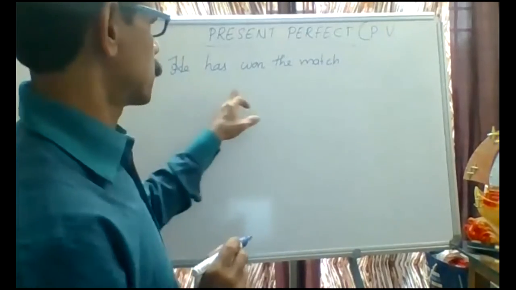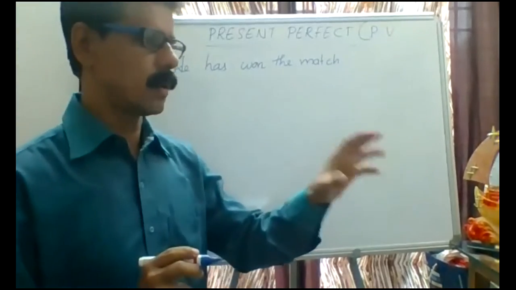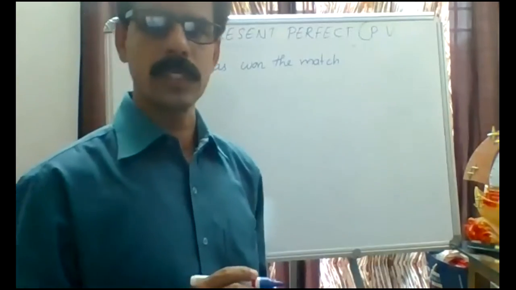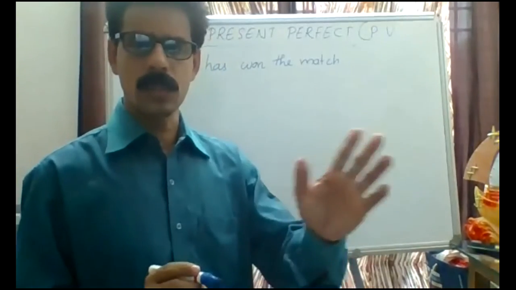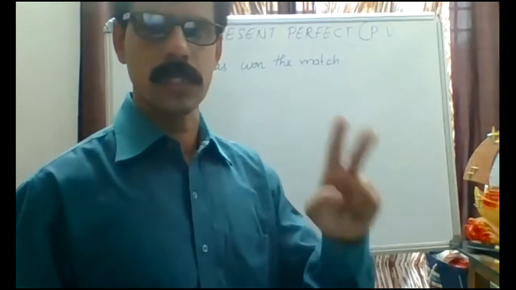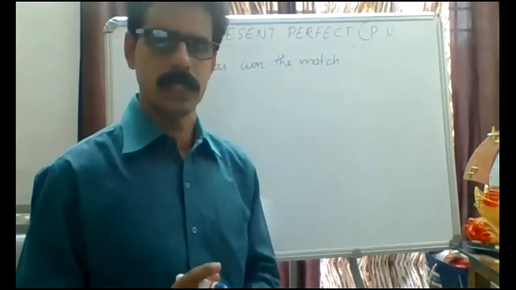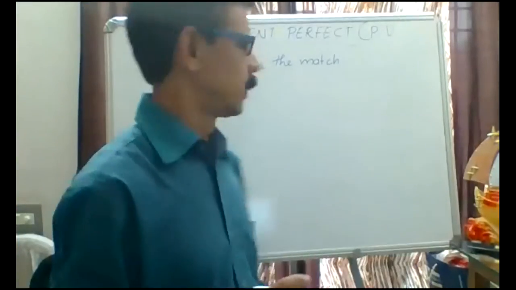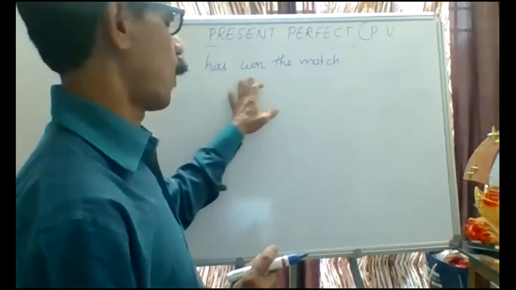In this sentence, what is our first duty? In all passive constructions, we must find the object in the sentence. There are two kinds of object: direct object and indirect object. The direct object is the answer to the question what. What has he won?